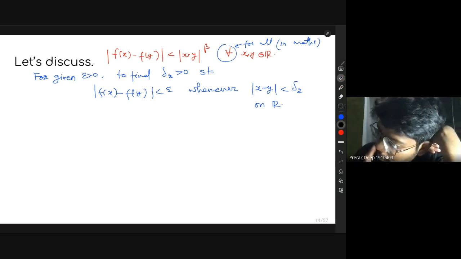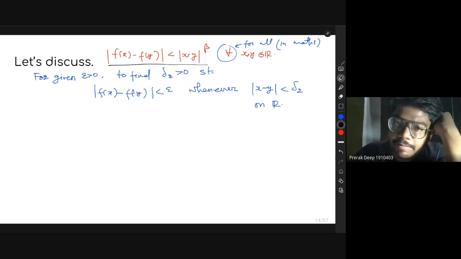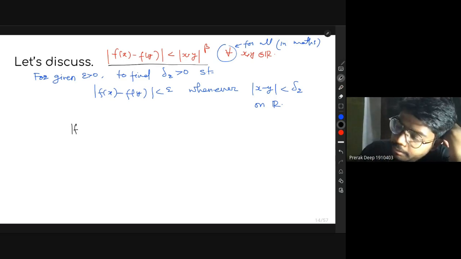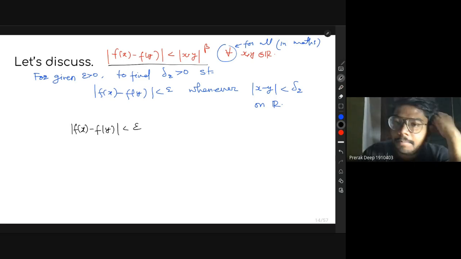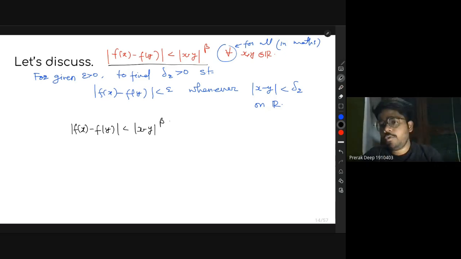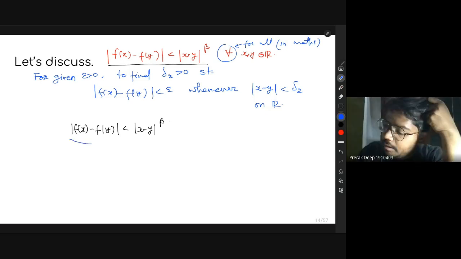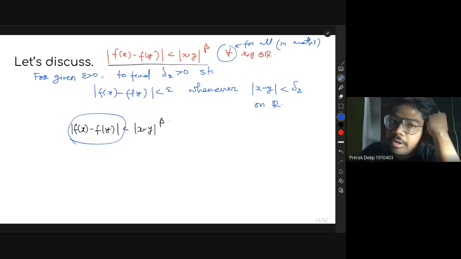So for that, we will use this inequality that is given to us. First we start with assuming that f x minus f y is already smaller than epsilon. Or maybe better, we start with this inequality being assumed. Correct. Now you want to find out a delta for which this modulus is smaller than epsilon.